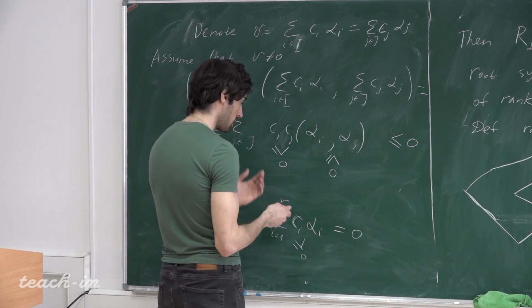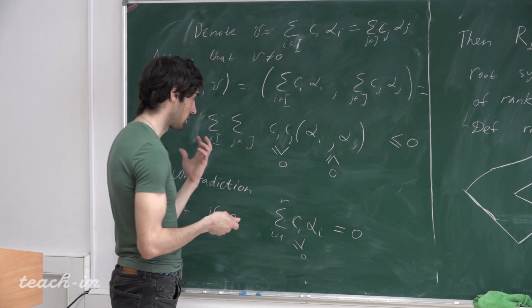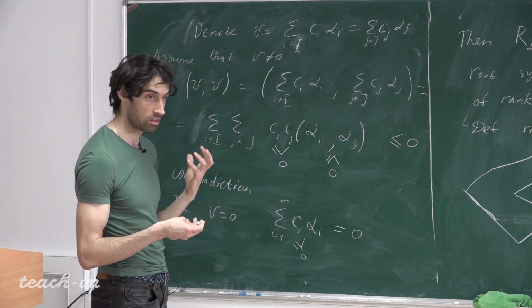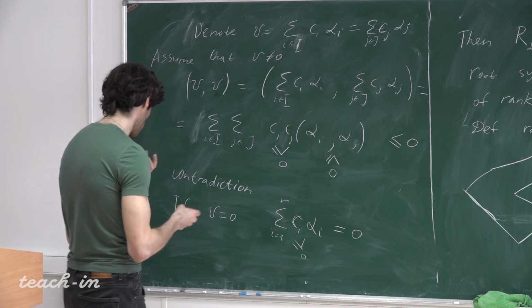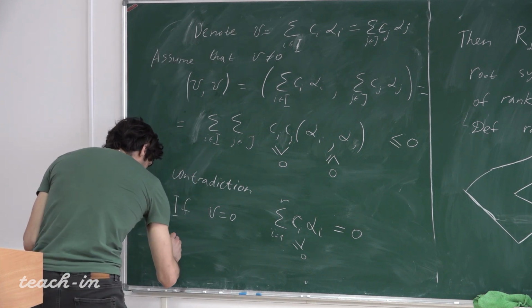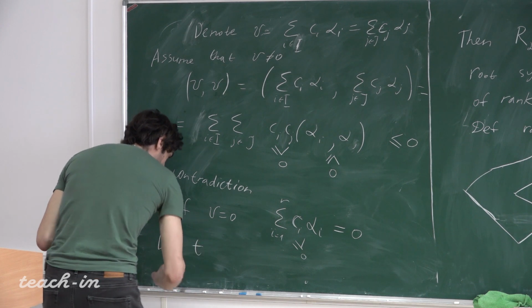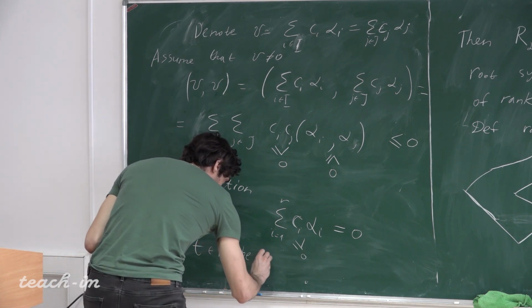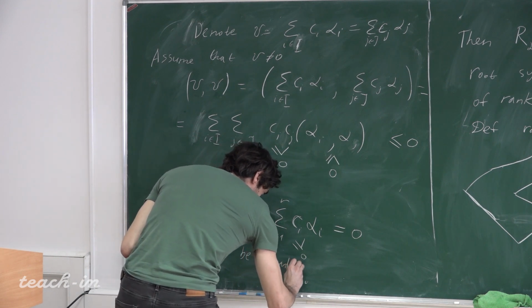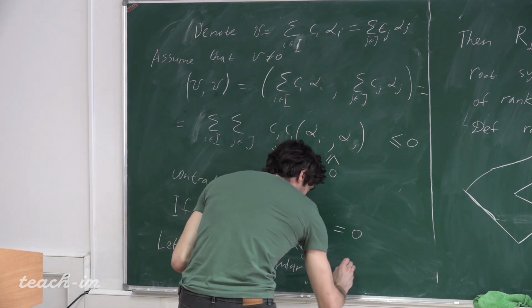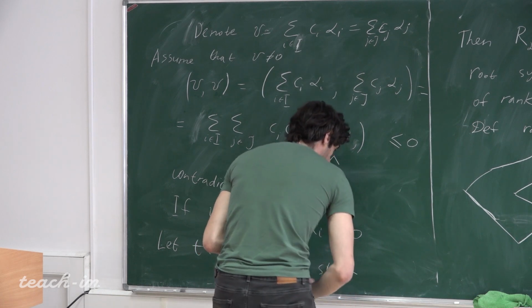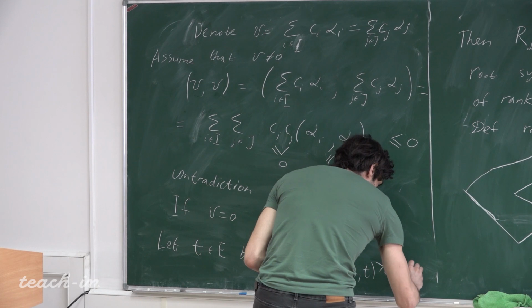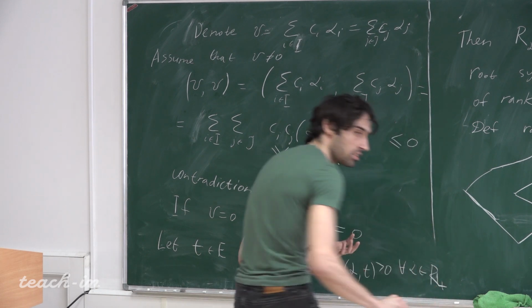But then let me take t that defines the polarization for me. So let t be regular such that (α, t) is greater than 0 for all α from R plus.